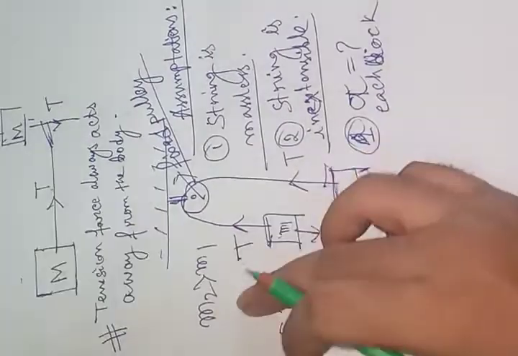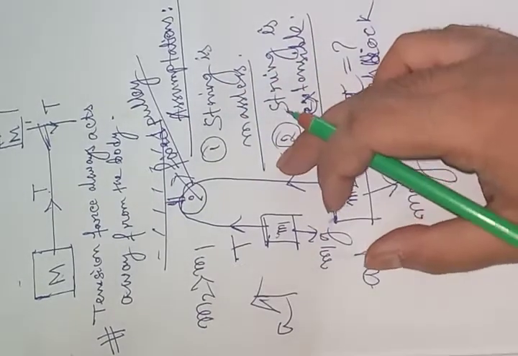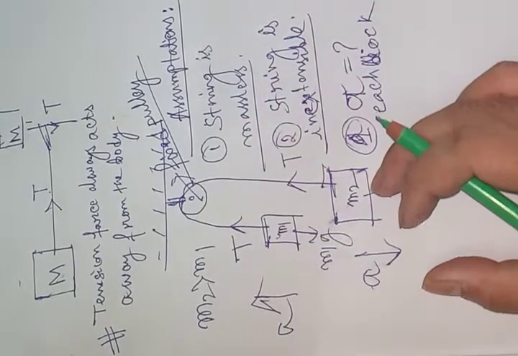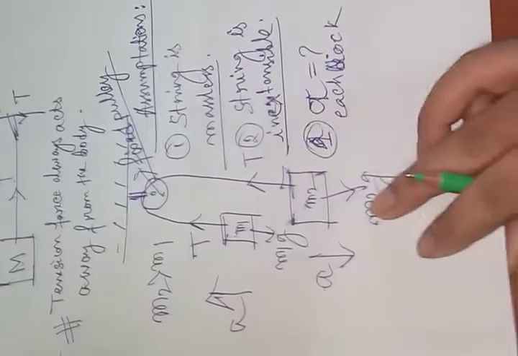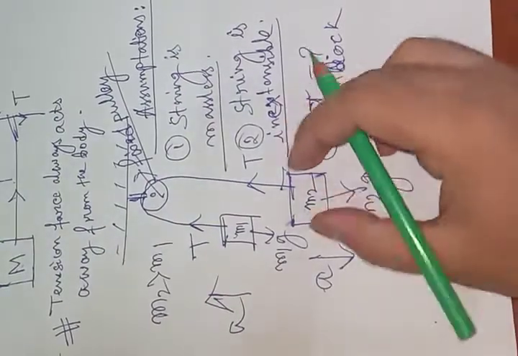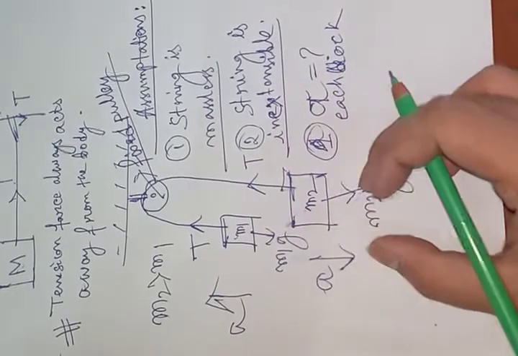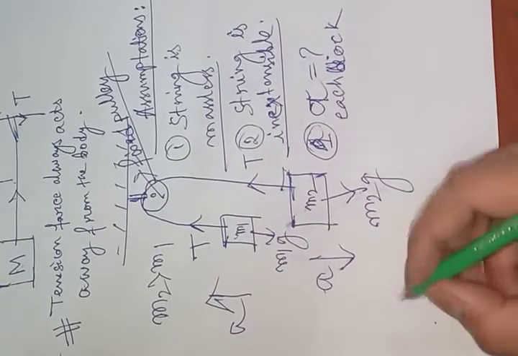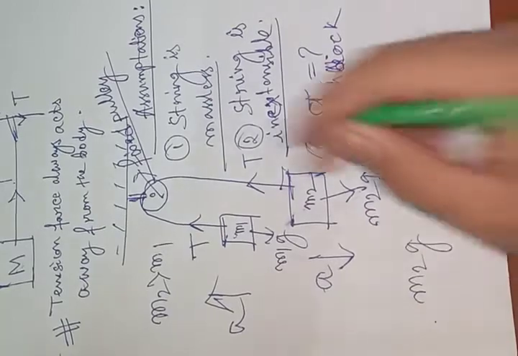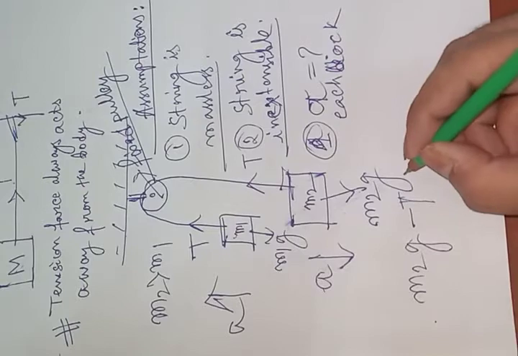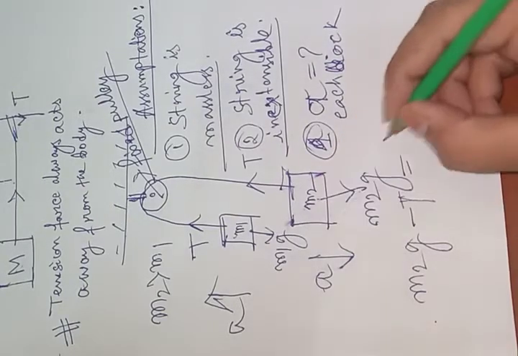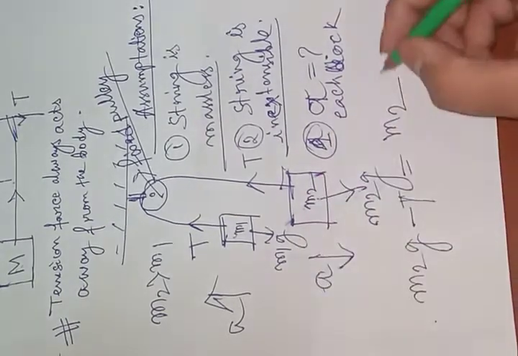So for this I can write the equations. For the m2 block, it is going downwards, so the downward force is greater: m2g minus T, the upward force, equals mass m2 into acceleration a.